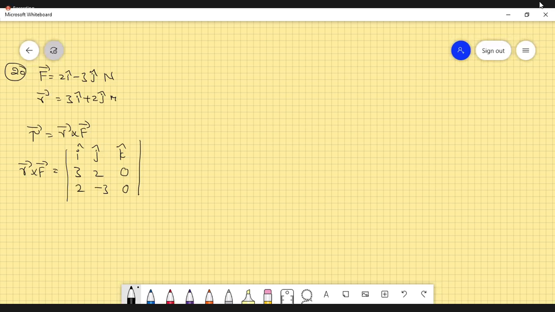So from this, i cap into 0 plus 0, minus j into 0, plus k into minus 9 minus 4. Understood? So finally minus 13 k cap.